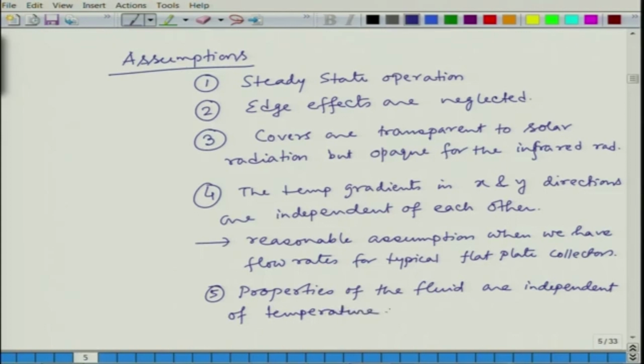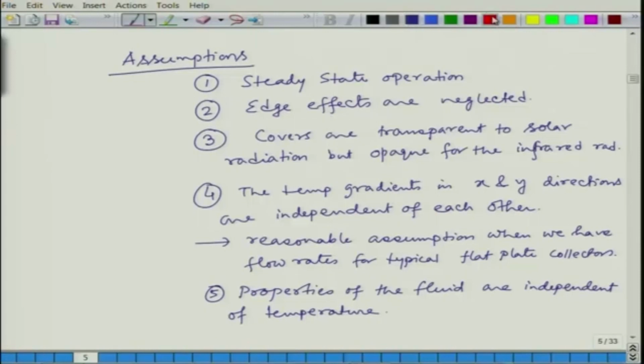Okay. So, for analytical treatment, it is difficult to handle property variation with temperature, because temperature itself is evolving, right, and that is what you are trying to analyze. So, we assume that it is not varying with temperature.